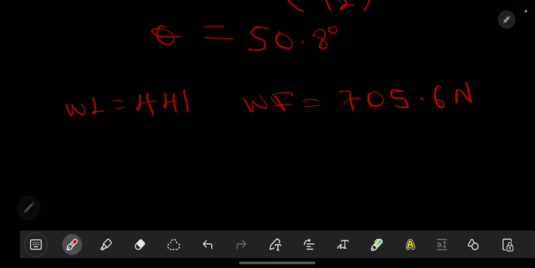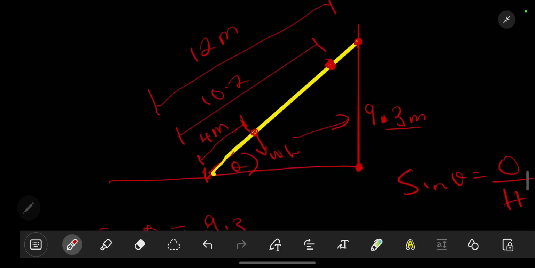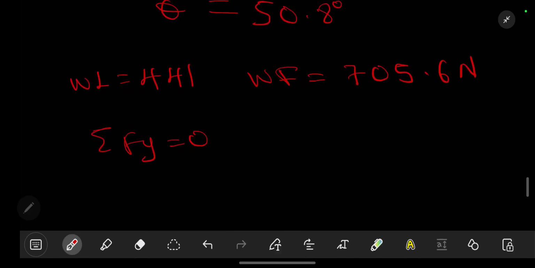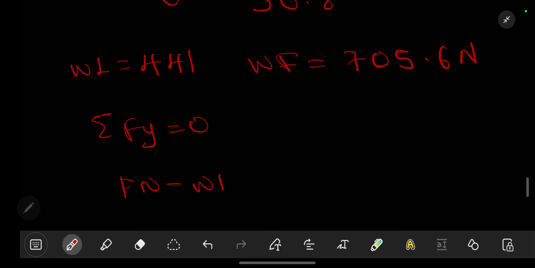Now we are going to say the summation of forces in the y should be equal to 0. We have the frictional force this side, then the upward force is the normal force. So the normal force minus the weight of the ladder minus the weight of the firefighter should be equal to 0.